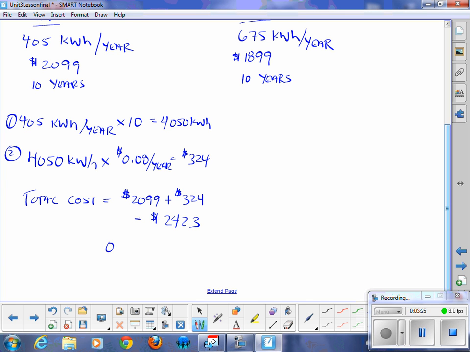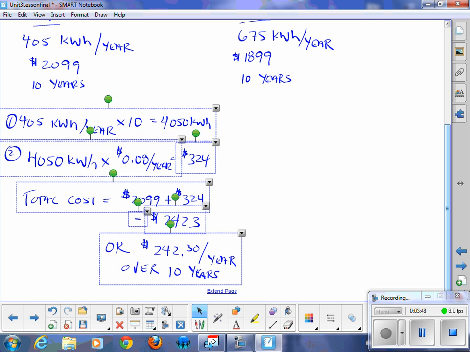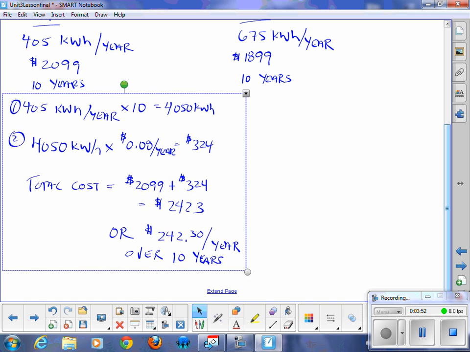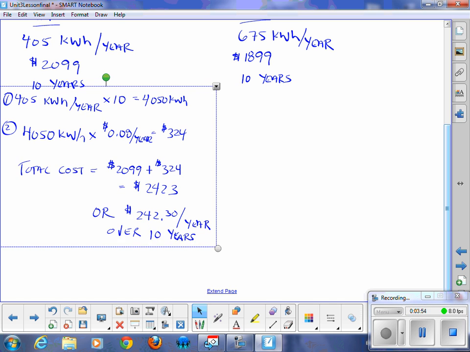Or if you want to break it down per year, this appliance costs $242.30 per year over a 10-year span. So it really depends on how you're looking at it. If you're doing a payment system, you might want it in that form. If you're going to pay everything up front, you're going to want it left as a total bulk cost.